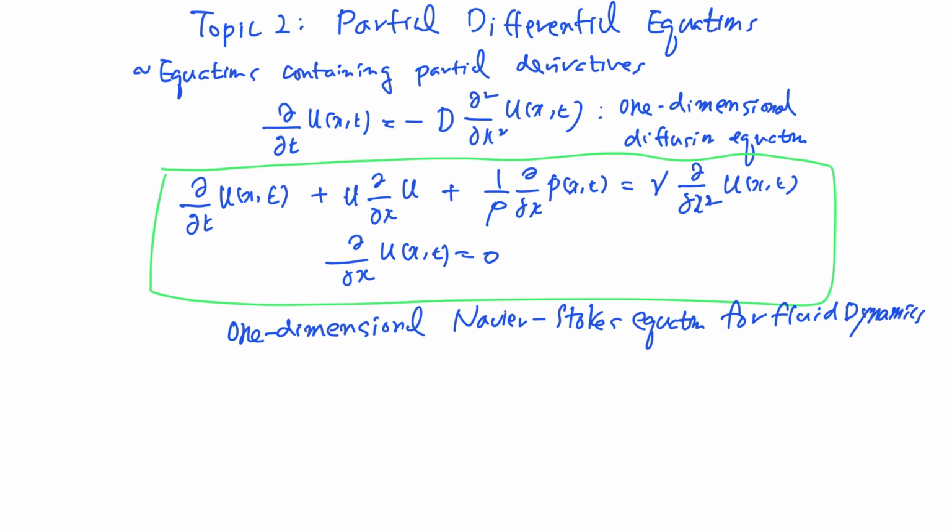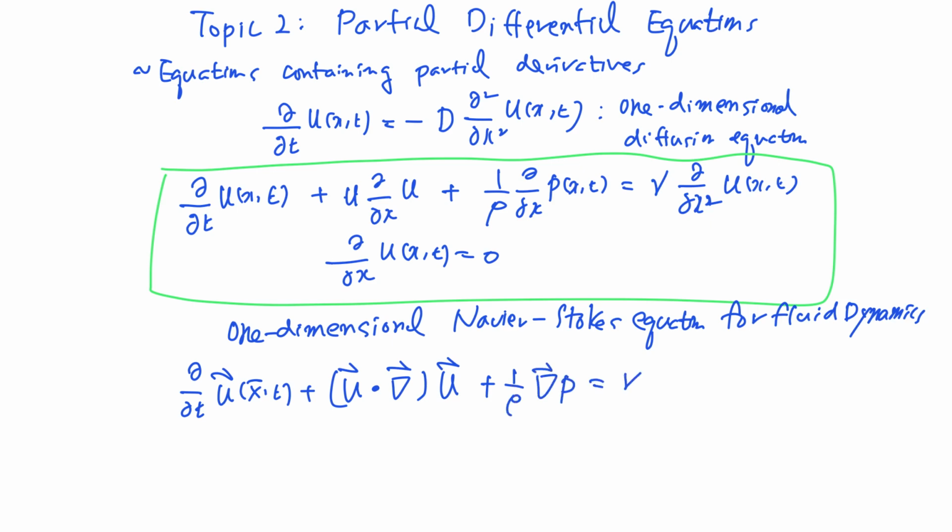And the three-dimensional form is something like this, with the divergence of u equal to 0. That's the three-dimensional form.